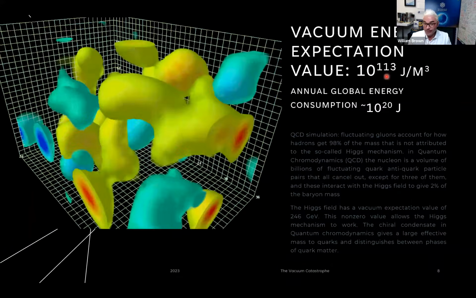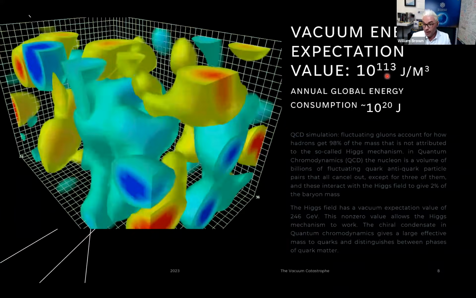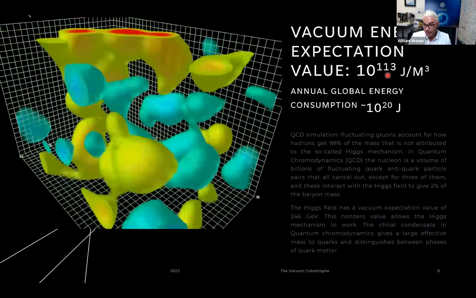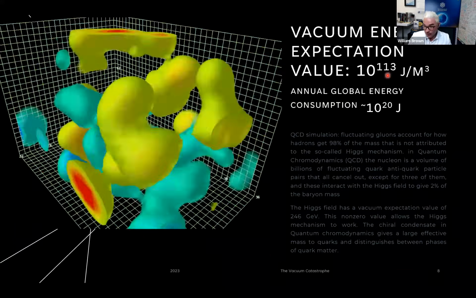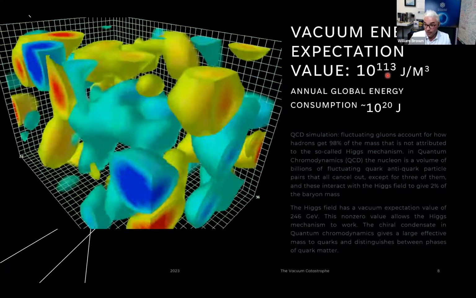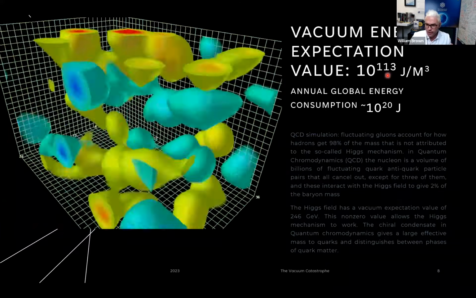Now, I would be remiss if I didn't point out that that renormalization procedure is very arbitrary. I mean, there is some logic behind using the Planck length as a cutoff value for the size of your oscillatory modes of the vacuum energetic vacuum oscillations.